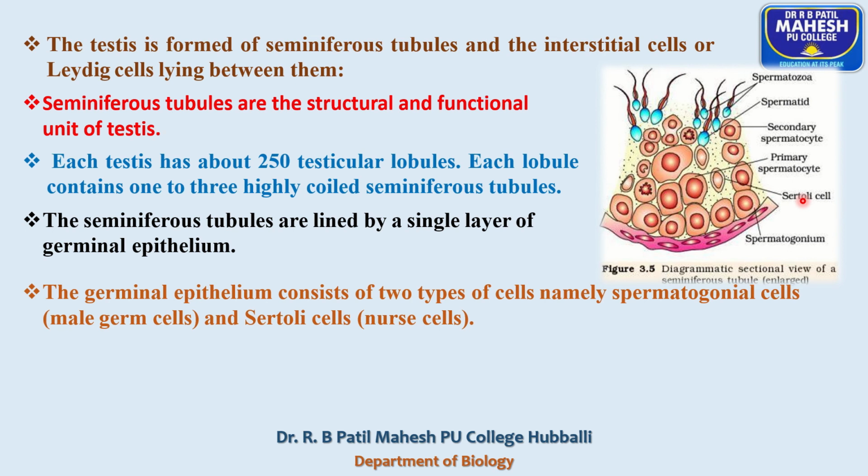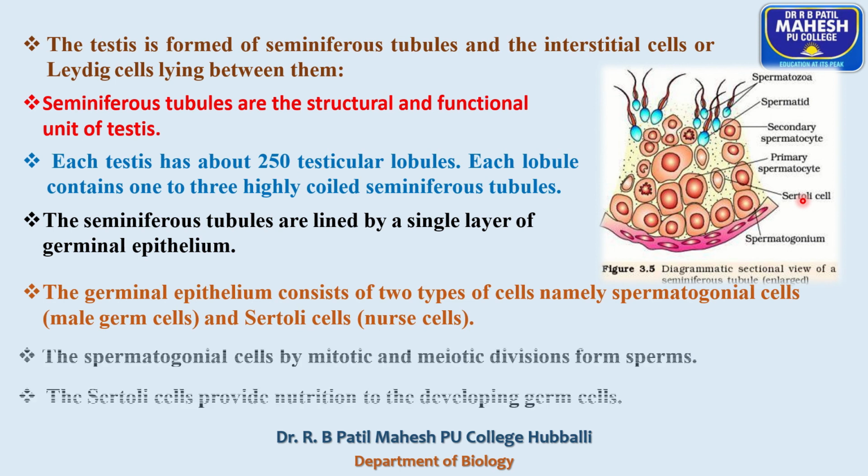Whereas the Sertoli cells, the second type of cell commonly found in the seminiferous tubules, are commonly called nurse cells or sustentacular cells. These cells provide nourishment to the developing sperms.